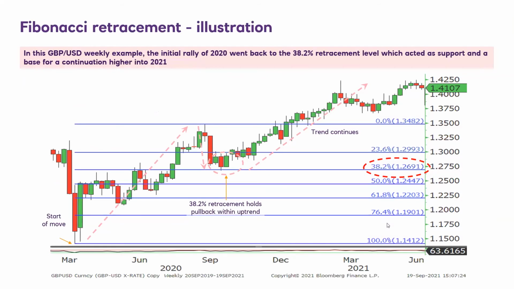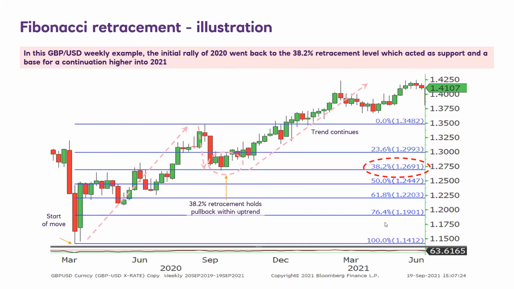On the first of the example slides, we have a retracement illustration. This is sterling dollar. If we look at the left of the chart, you can see the low down at 114.12 in March last year. The price then rallies up, and where I put the end of the move at 134.82, you can see the market starts to pull back lower.